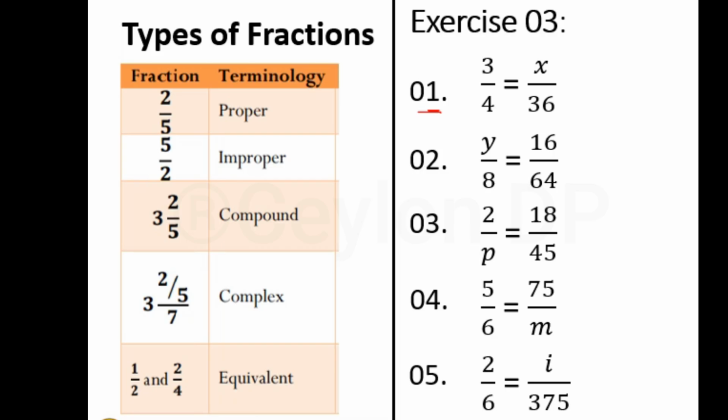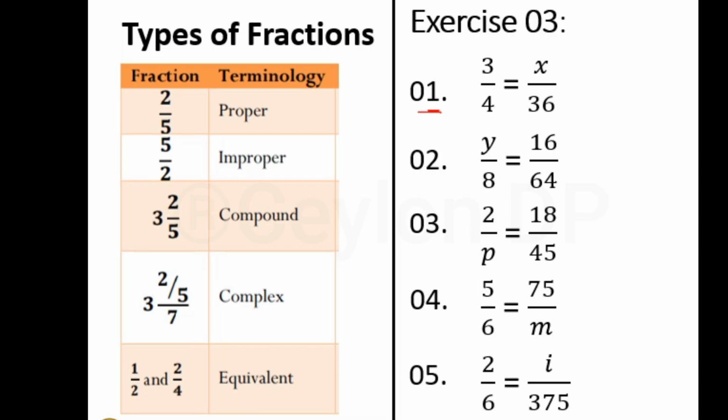Therefore, in here, 4 over 3 equal to 36 over x. When you are solving this, there is a law: if there are equal fractions and the denominators are equal, definitely the numerators are equal.